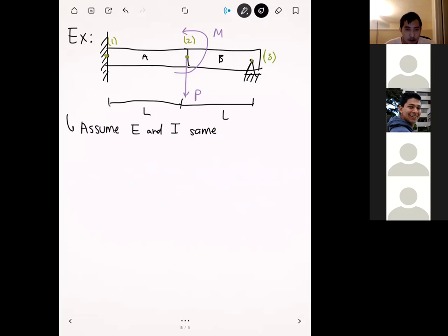And so the point of this example is to show you how to assemble a global stiffness system with beams and how to apply boundary conditions. There are no numbers here, so what we're going to do in this problem is assemble or compute the global stiffness system.